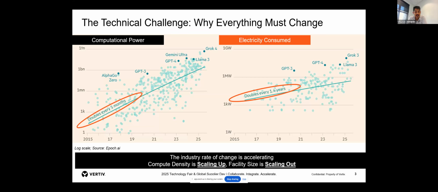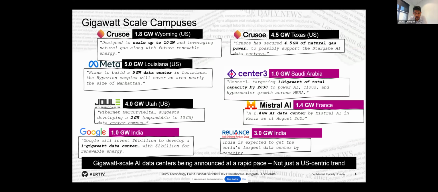The density is scaling up, the facility size is scaling out, and everything is changing in the data center and in the compute world. So with that, I would like to move to the gigawatt. Everybody is talking about gigawatt campuses now, and not only in the US. In Southeast India, a 3 gigawatt data center or compute campus is being launched.